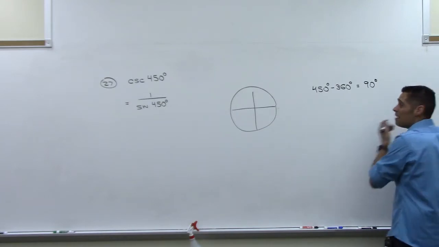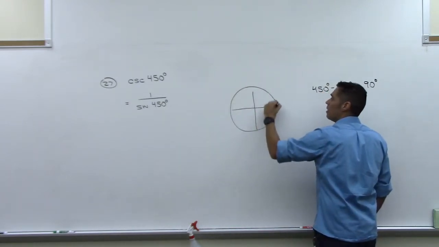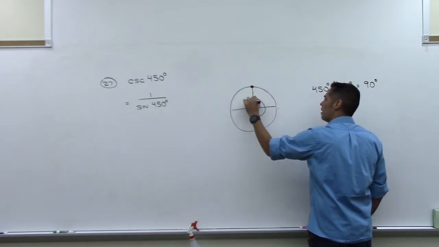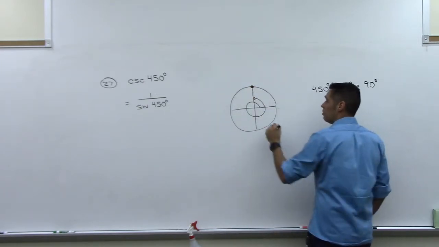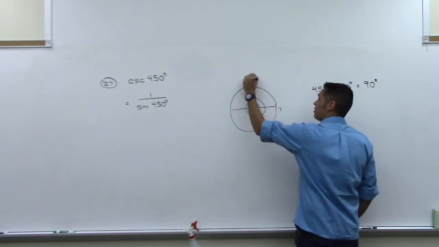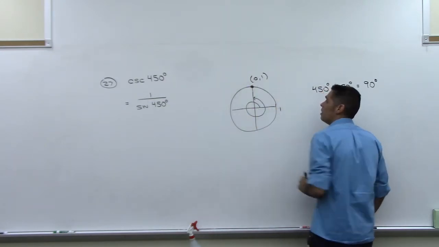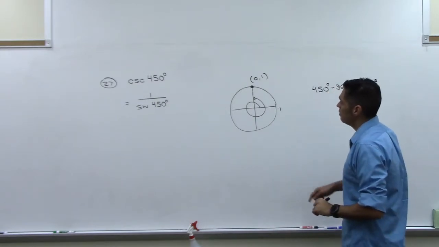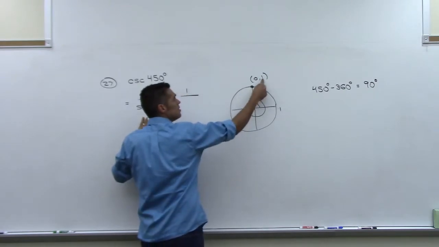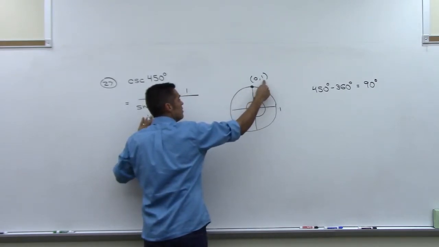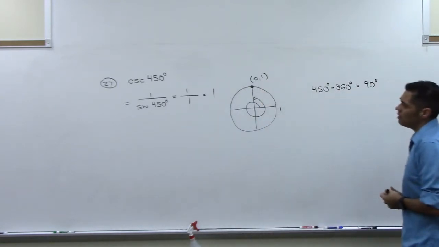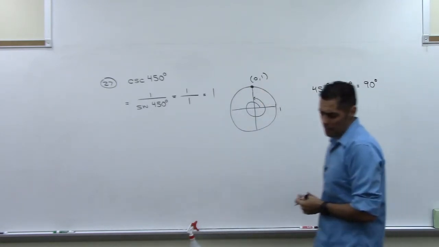So I went all the way around and back up to 90, right here. On the unit circle, this radius is 1, so this is a very special point: the point 0, 1. Cosecant is 1 over sine, and sine is the y-coordinate, so that's just 1 over 1. So cosecant of 450 degrees is 1.